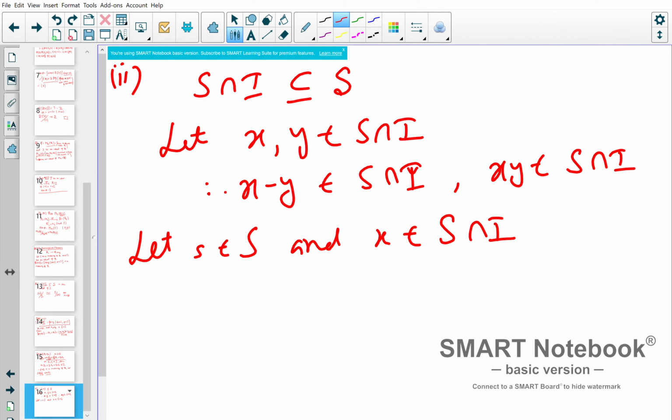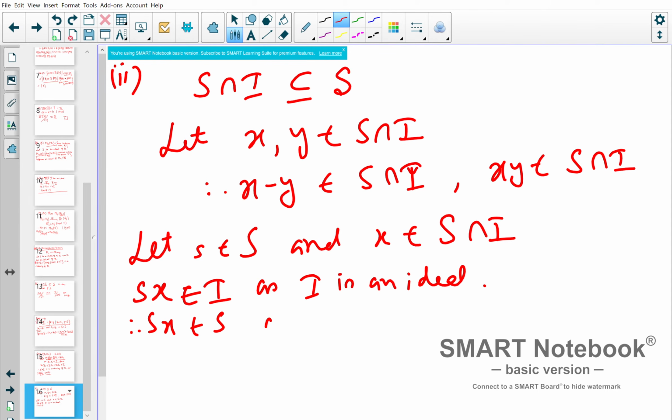Then what we need to check is that s times x is an element of this. But s times x obviously belongs to I, as I is an ideal, right? Also s times x is an element of S, as S is a subring.